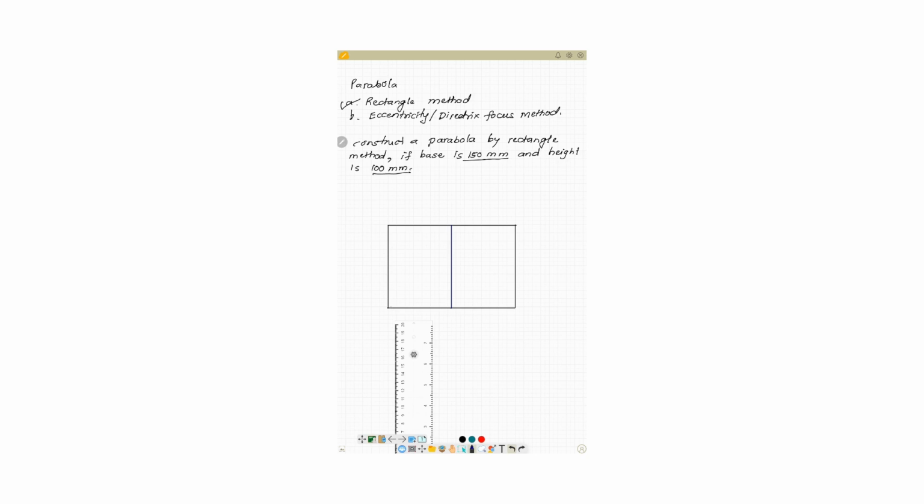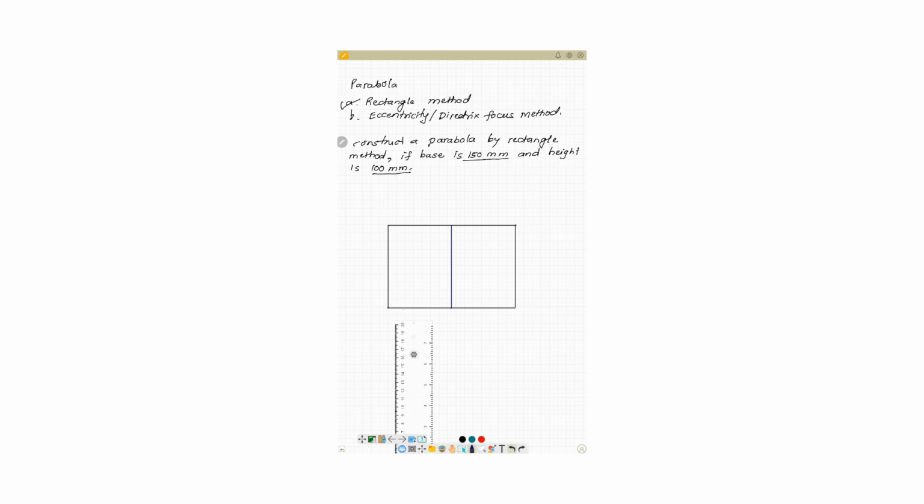I have to divide this 75 mm and 100 mm into an equal number of divisions. Equal number of divisions means: if I divide this 75 mm into 5 parts, then this 100 mm also I have to divide into 5 parts.